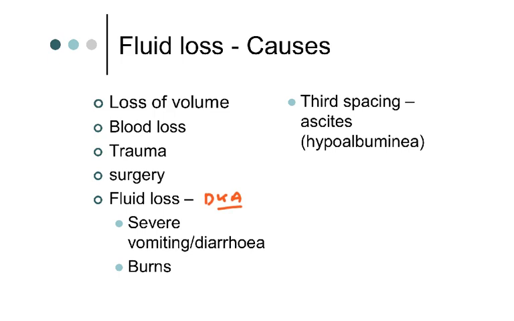There's also this condition called third spacing. An example of this is when fluid moves to a different space, but it's not in the intravascular system. So a very common example that you will see in an acute setting is ascites, and that's due to hypoalbuminemia.